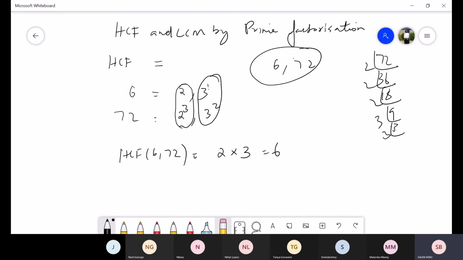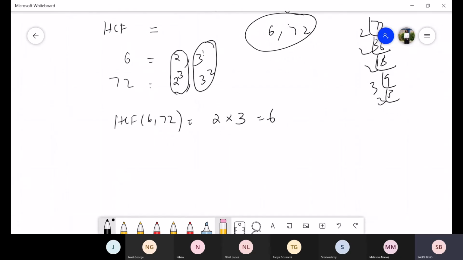And LCM is just the opposite. For LCM of 6 and 72, from these two, you have 2 as a common factor, but we will take the one with the greatest power. We'll take 2 cubed, and the next one we will take 3 squared. So it will be 8 into 9, and that will be 72. So that is what you have to keep in mind.